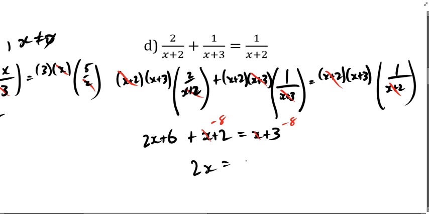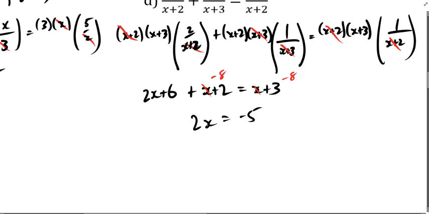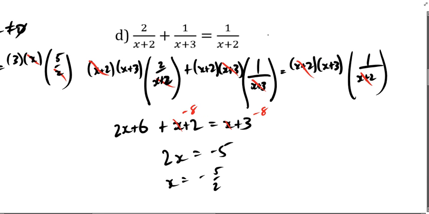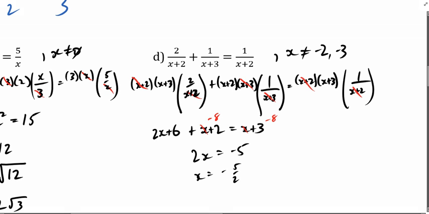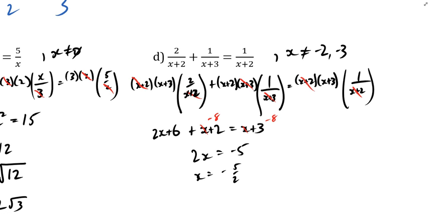So 2x equals negative 5, and x equals negative 5 over 2. So my restrictions originally were x cannot equal negative 2 or negative 3, but no problem. Any questions?